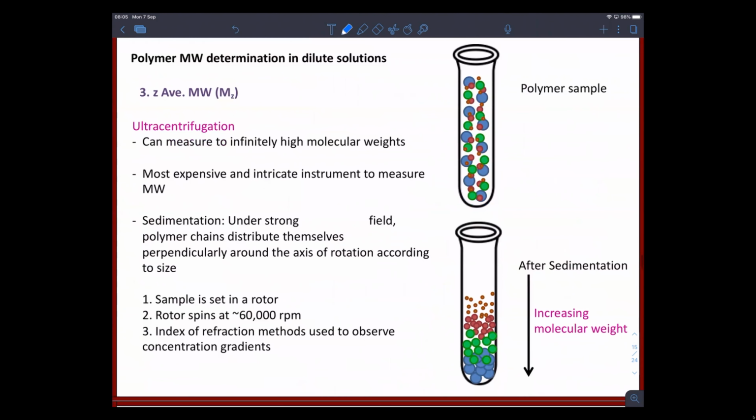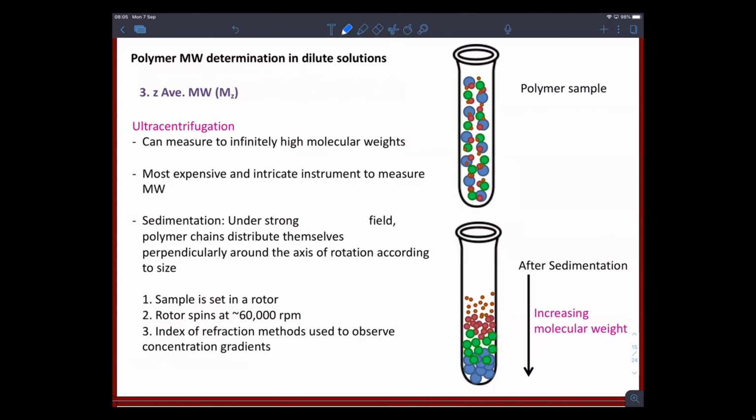Now, Z average is very straightforward. They use ultracentrifugation to do this, and it can measure to indefinitely high molecular weights. It is the most expensive and intricate instrument to measure molecular weight. I would say one of these probably costs in the region of about $50,000 for a lower end one, and probably upwards of about $500,000 if you want something a little bit more technical. I know that because I got a quote.